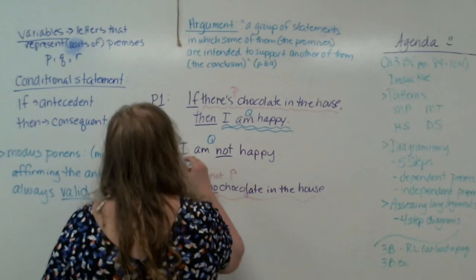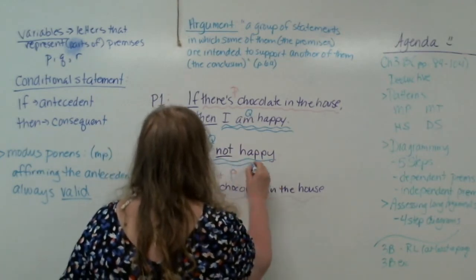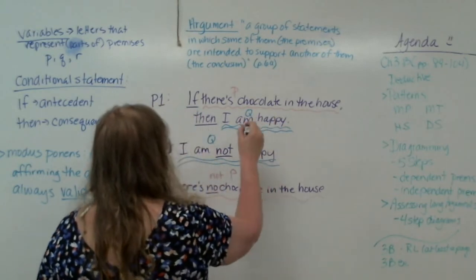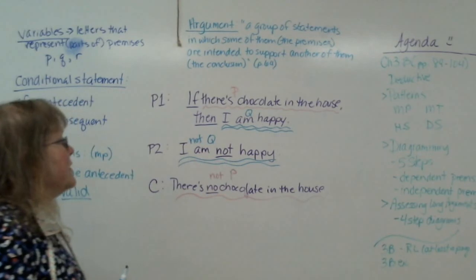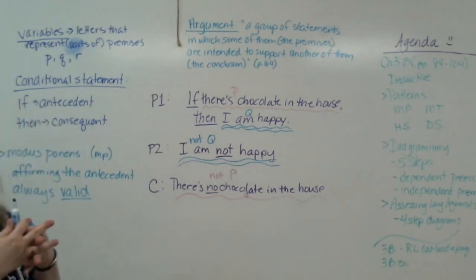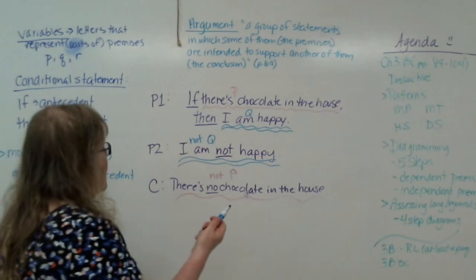The I am not happy is the same phrase as the Q here, but it's a not Q. This is how we limit our number of variables.